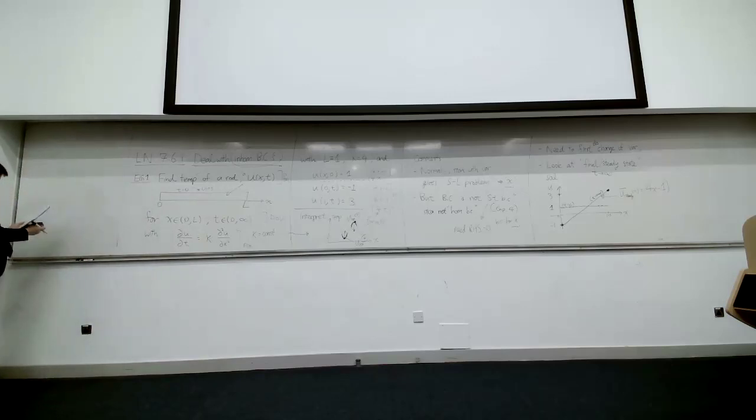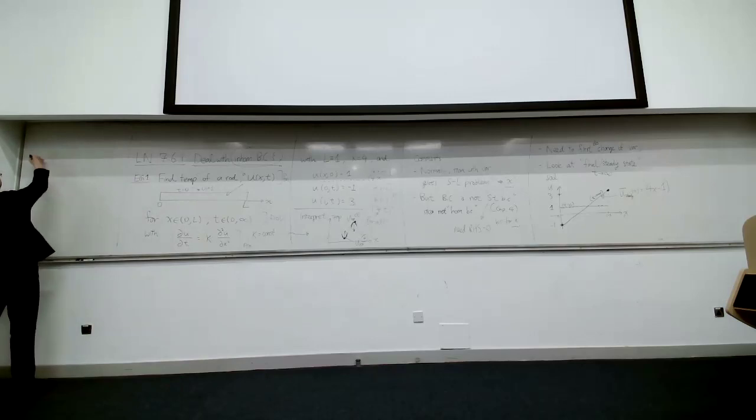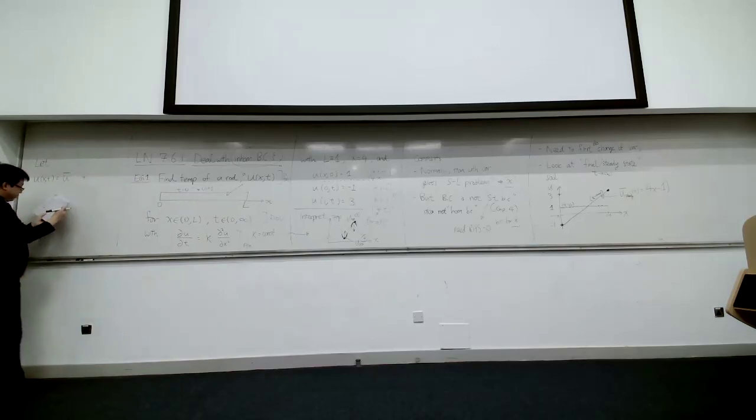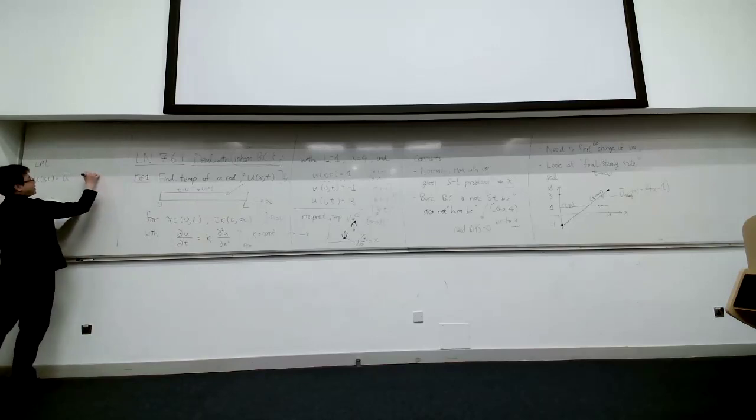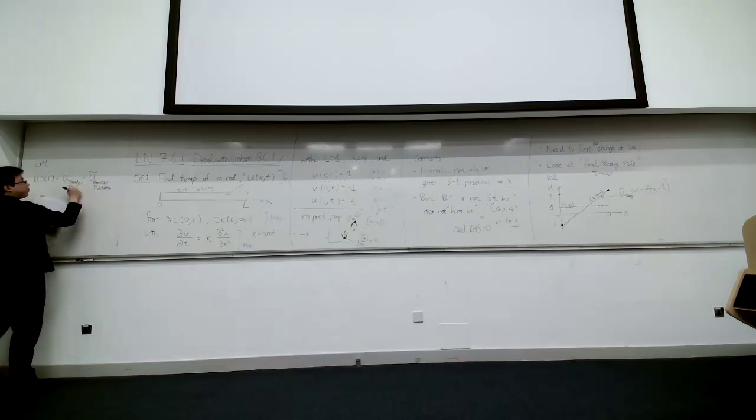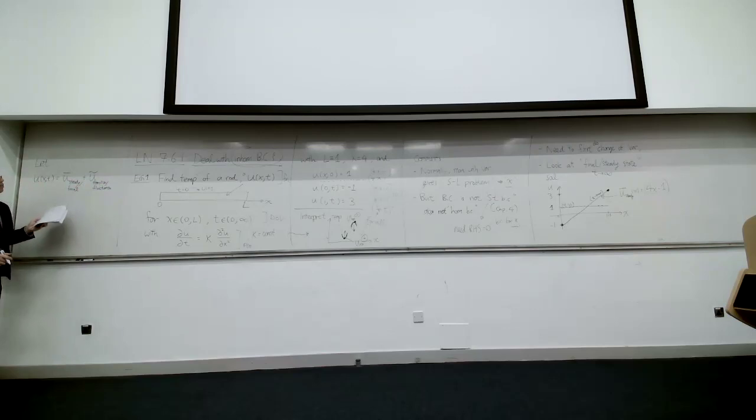And then now we can let U of x, t equal the steady part plus the transient part. This is the steady part, and this is the transient part. Sometimes people call it fluctuation.